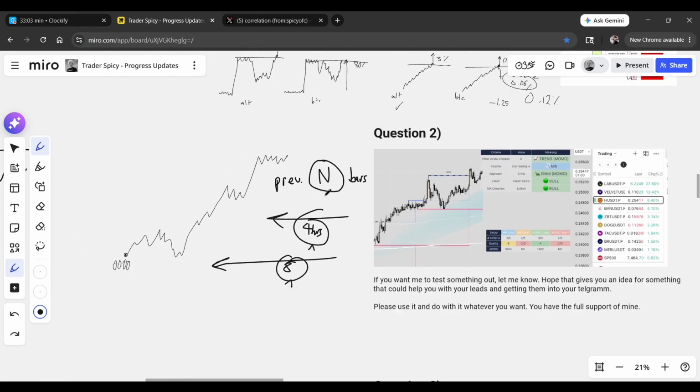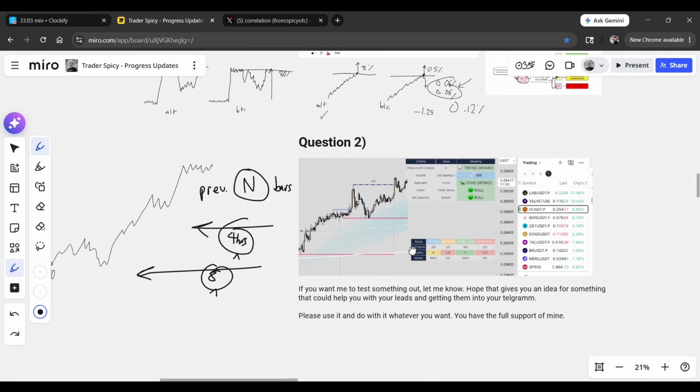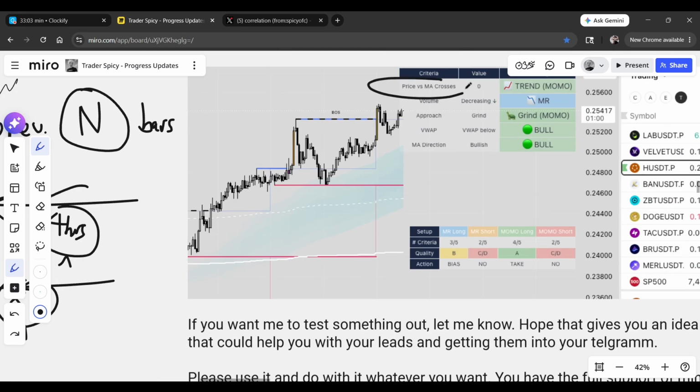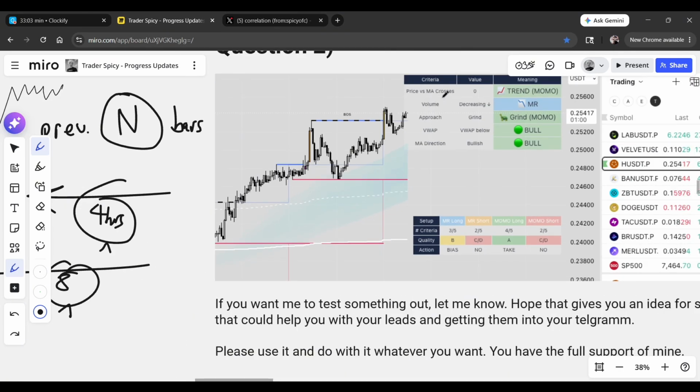And the other thing that really matters is whether that definition is static or a little bit more dynamic. So that's a big one for the moving average crossovers. And the same exact thing applies to the volume and also the approach into the level.